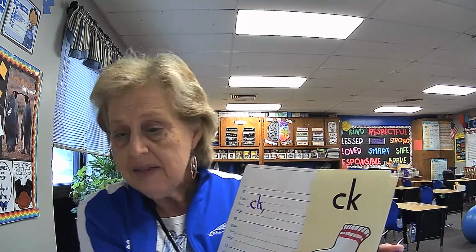Let's begin with the sound that you hear in this diagram. K. There are 3 ways to make the sound of K. Now I accidentally showed you one of those ways, and let's go ahead and write it. CK, K. But that's not the only way.